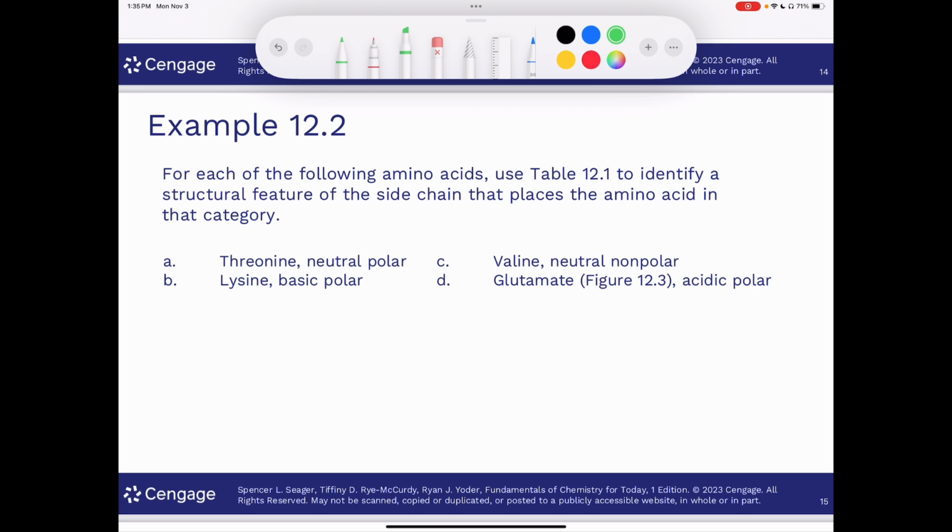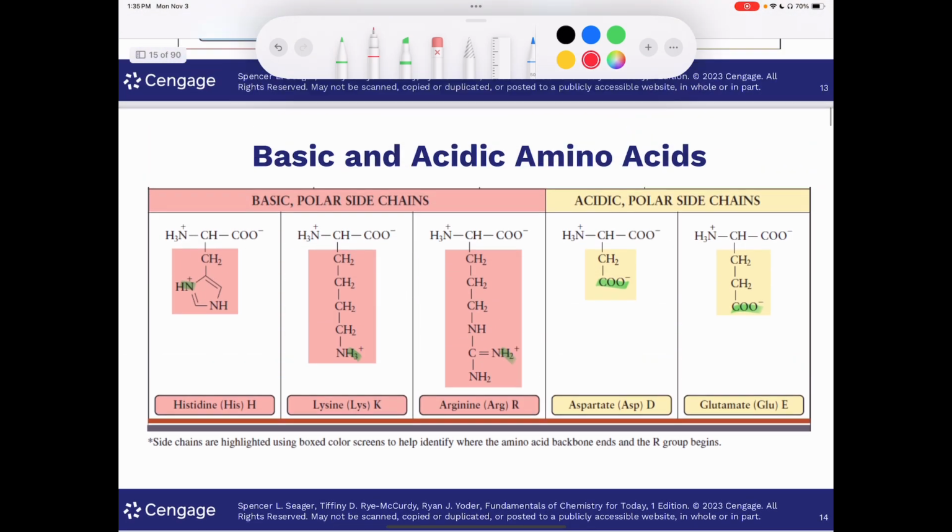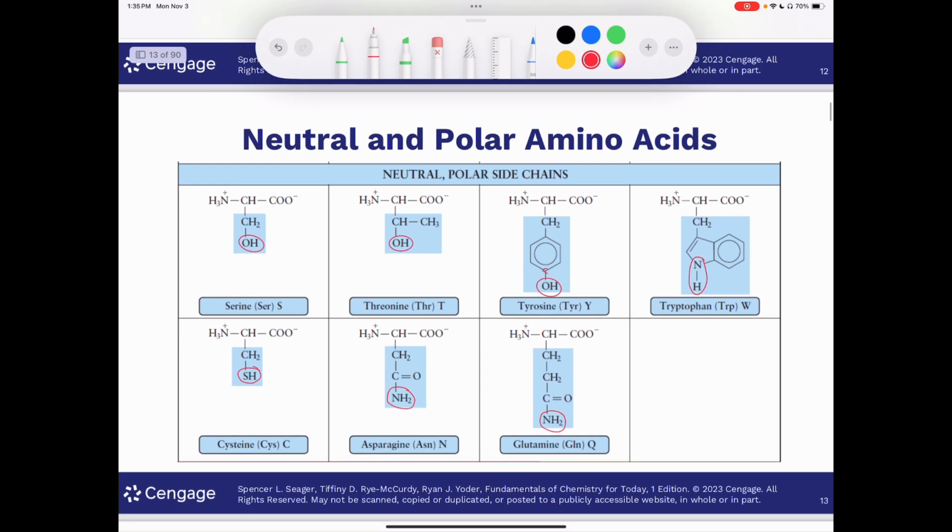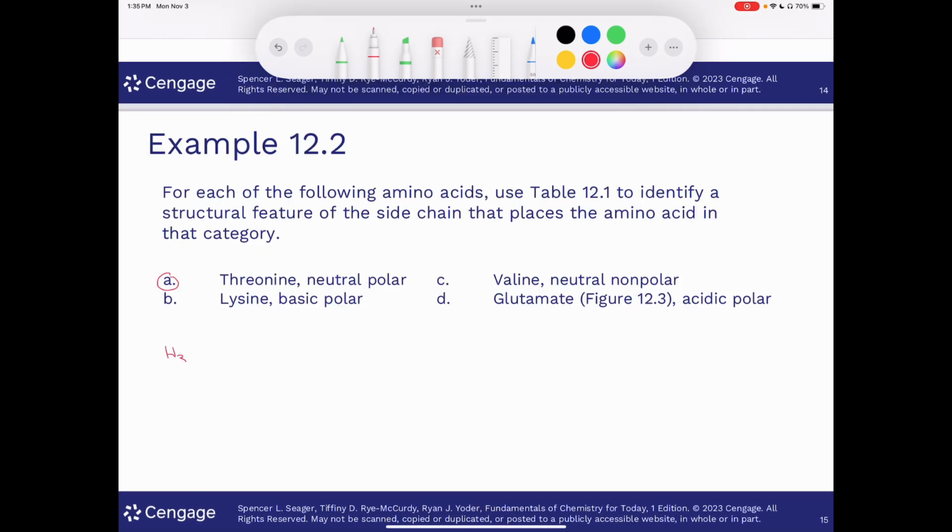All right, for each of the following amino acids, use table 12.1 to identify a structural feature of the side chain that places the amino acid in that category. So the first one is threonine, and they're telling us that threonine is neutral and polar. What I'm going to use in this video is bond line structures.